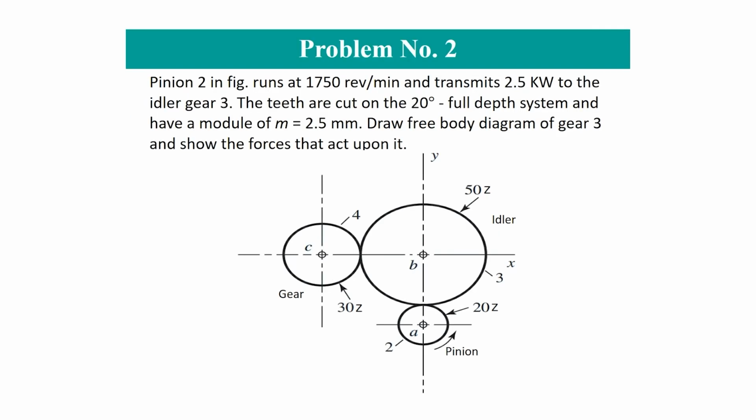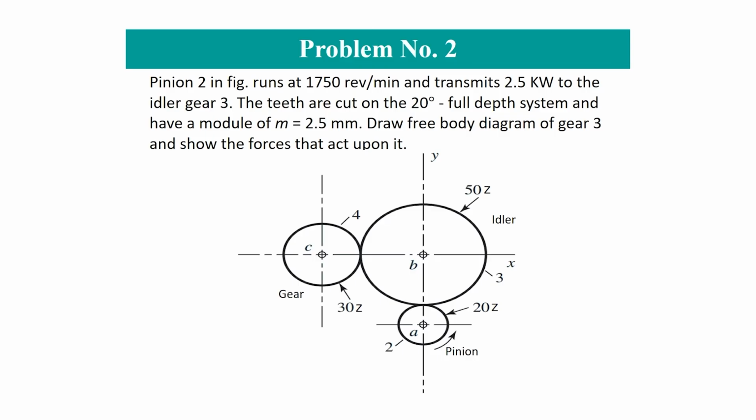Now let us take the second problem, which is related to force analysis of the spur gear. That means when power is transmitted from one gear to another gear, what type of forces act and how force is transmitted.